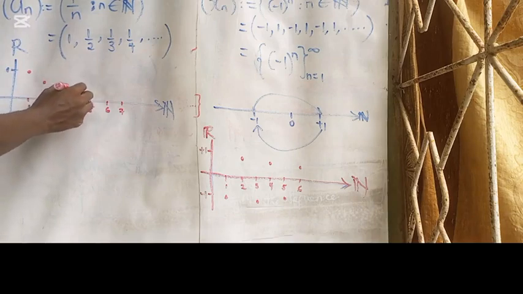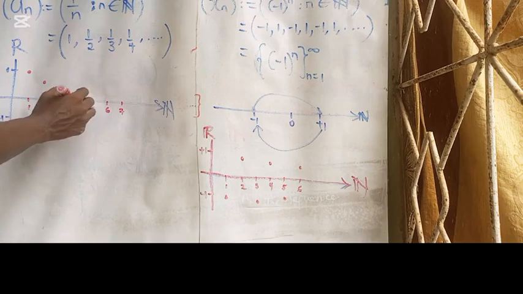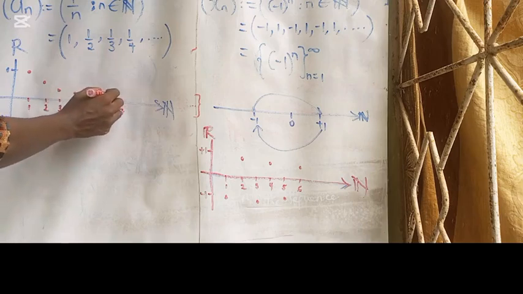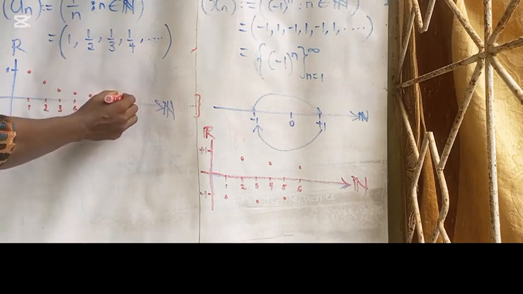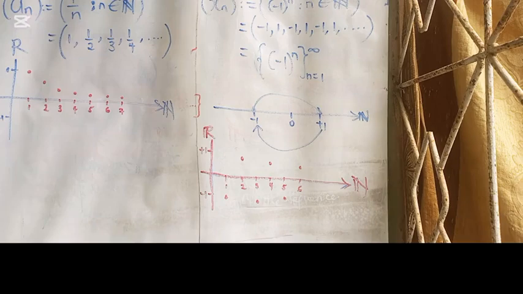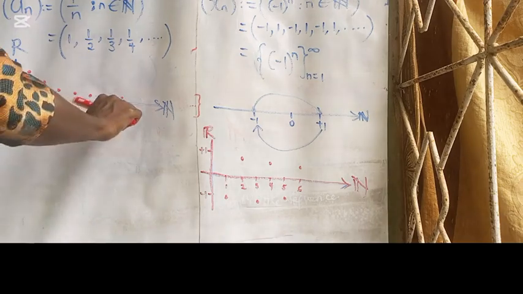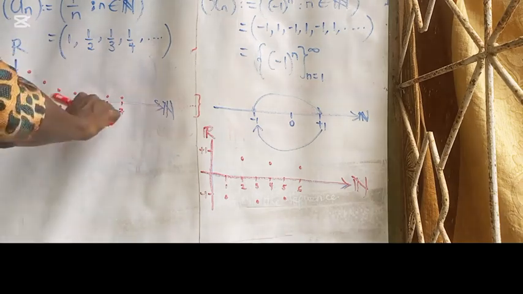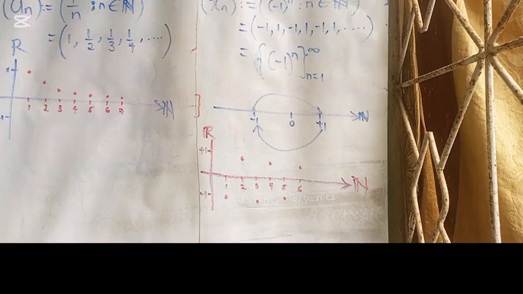We can see that as our n is increasing, the terms of the sequence are drawing closer and closer to 0. Let's look at another example.